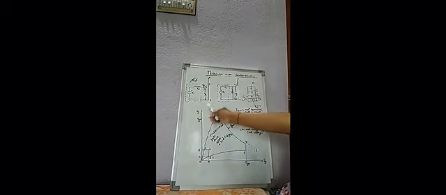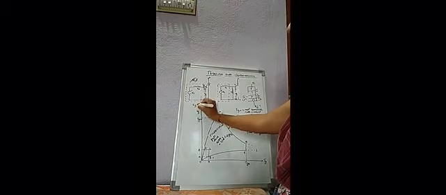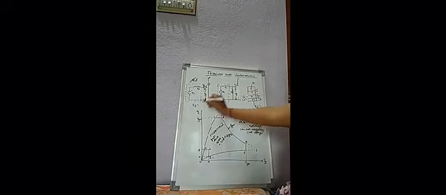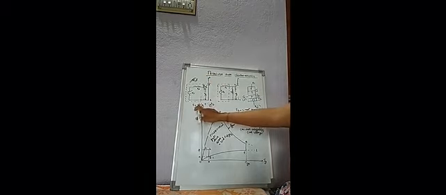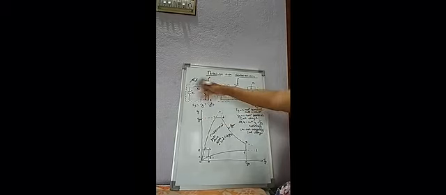For this circuit, if we apply the KVL equation, ES is equal to VG plus IG into RS, because VG is generated across gate and cathode and IG current flows through this closed path. So ES is equal to VG plus IG into RS.